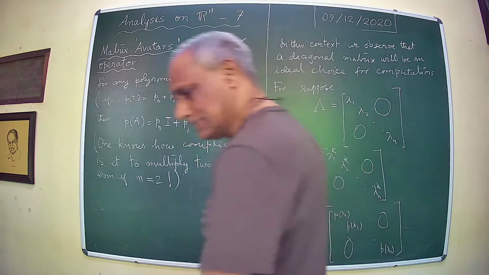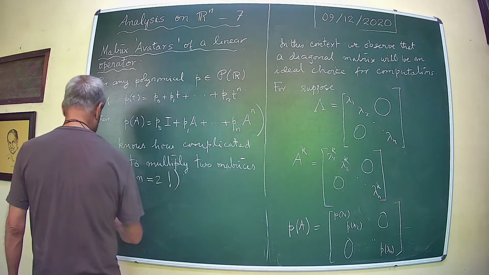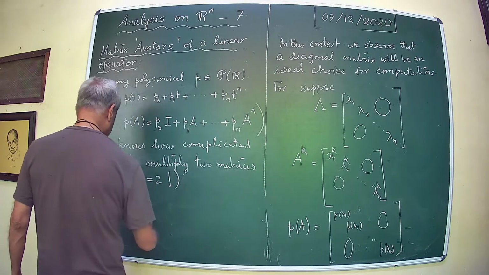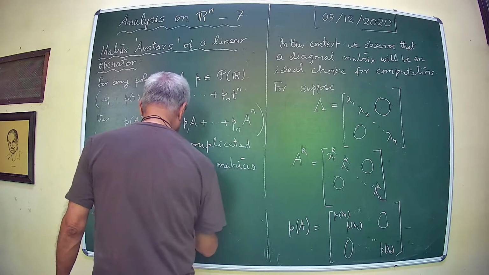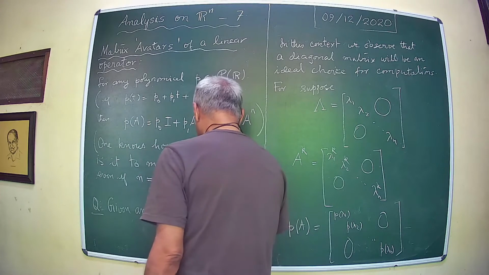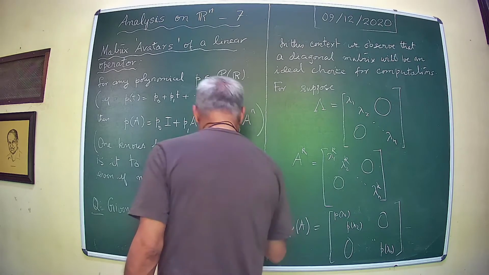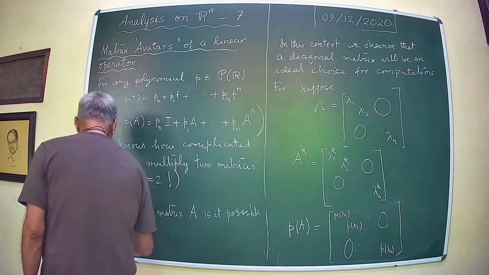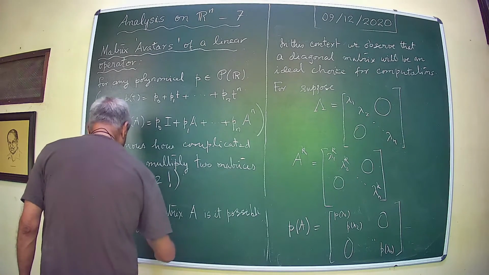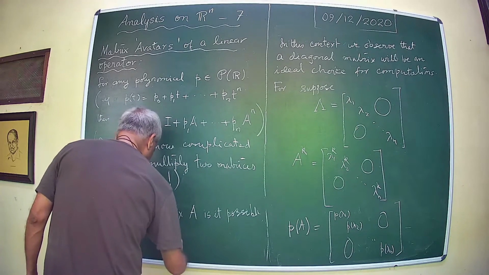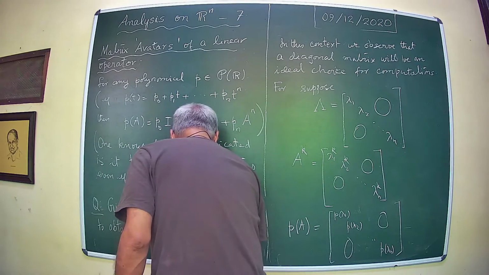So that leads to the next question. So the central question is, given any matrix A, is it possible to obtain a diagonal avatar of it?